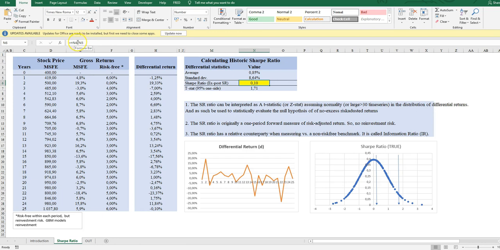In the numerator you adjust by a linear factor, times 12, for instance, if it's monthly returns. Down here you have to scale with the square root of the number of periods in a year, so square root of 12, for instance. That will leave you with the annualized Sharpe ratio.